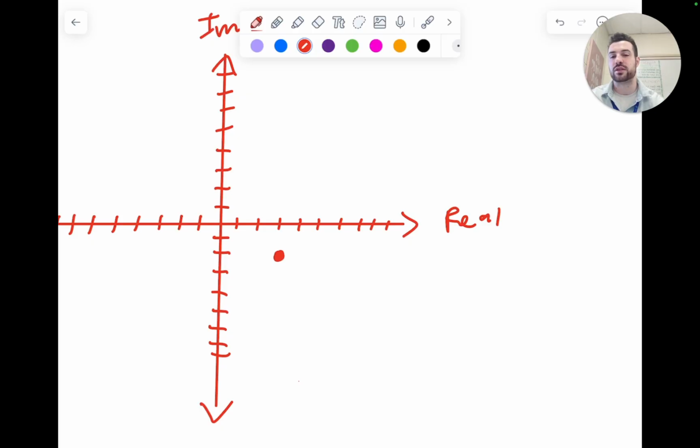Now, some people do this, some people do not. What I typically like to do is create this as a vector. And the reason it is a vector is because we are going to have both a direction and a size, which we will talk about later on. So when you are graphing complex numbers, it should be an arrow, which again is really just a vector.